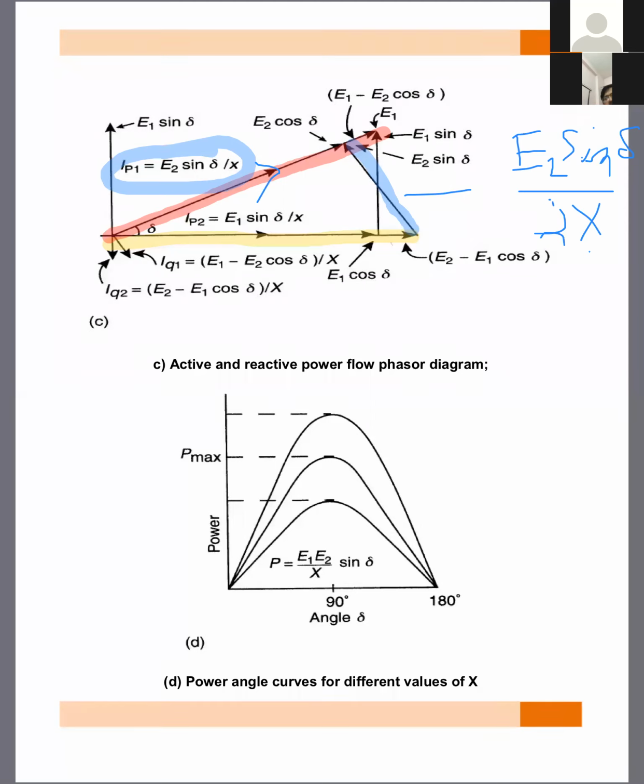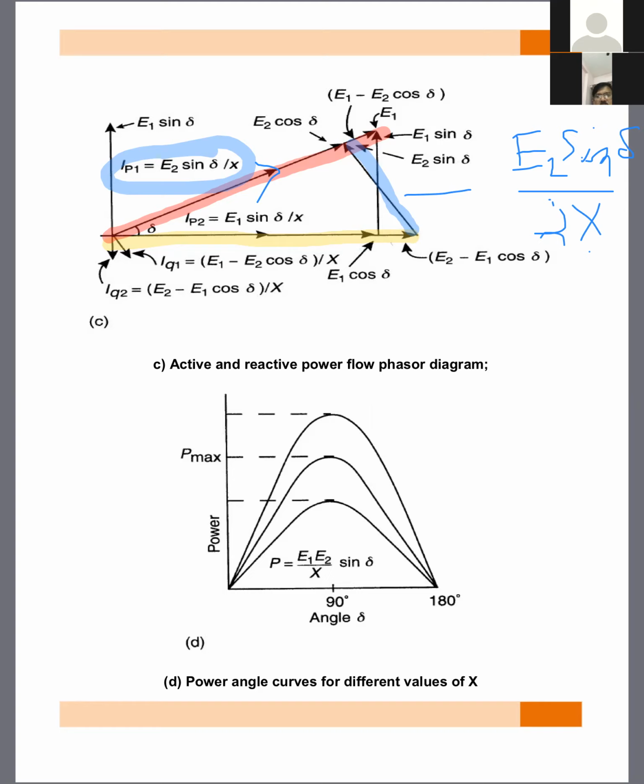Then simply resolve E2 along E1, E1 along E2, and along these perpendiculars, that is, along the sine directions.